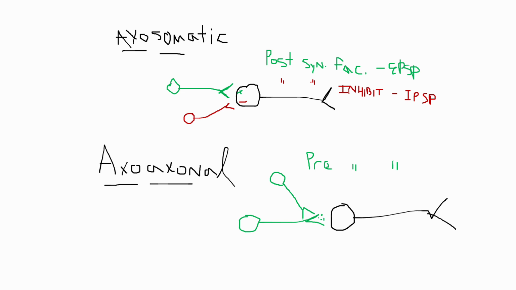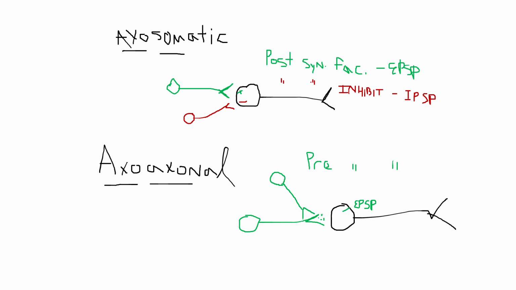So we're more likely to generate EPSP in our postsynaptic cell, which means we're more likely to reach action potential. Okay. So the effect of this neuron here synapsing onto our presynaptic neuron is greater neurotransmitter release, leading to greater EPSP in our postsynaptic cell. Now, because this is happening before the synapse, this enhancement, we call it axo-axonal. It's axon to axon, and then it's presynaptic facilitation because it's before the synapse.